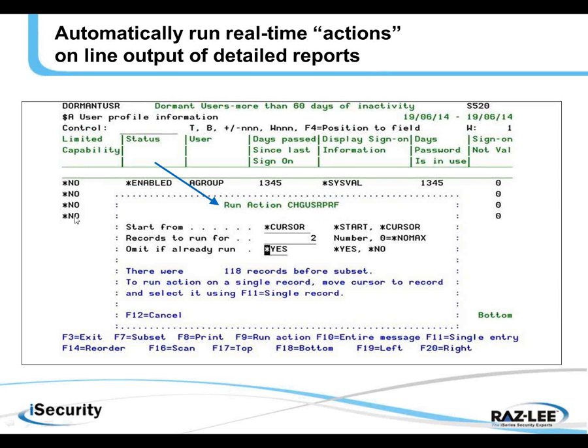And so although we have 4 line output entries here, we want to run the change user profile action on these 4 lines, but actually we specify here that we want to start from this cursor position, but only for 2 lines. And these are the actions. These actions will be run on this output, which we see on the screen.